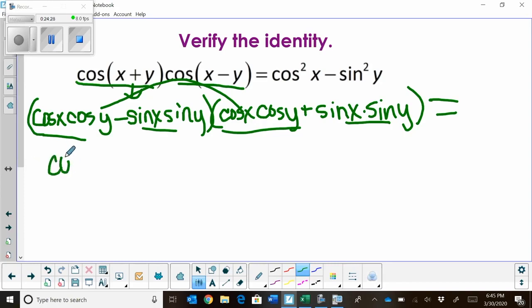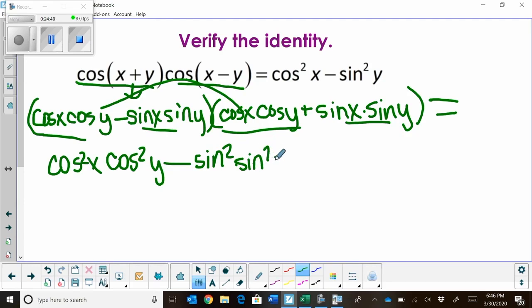So we're going to get cosine squared x cosine squared y minus sine squared x times sine squared y. There we go. We just FOILed that together, and this is where we ended up.